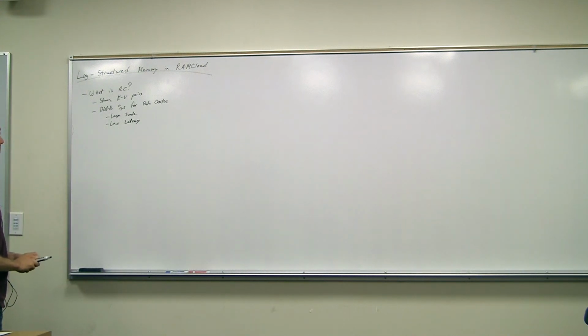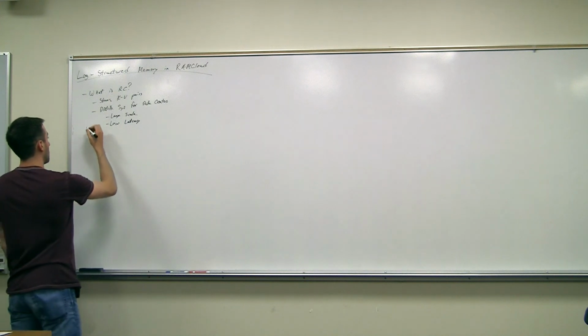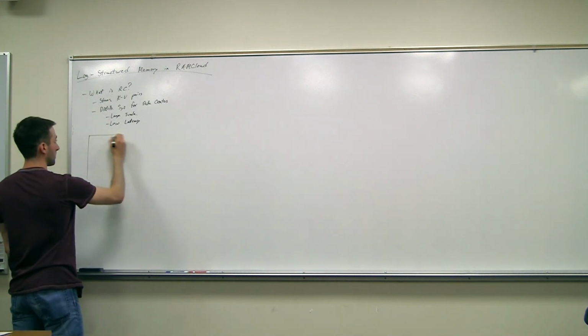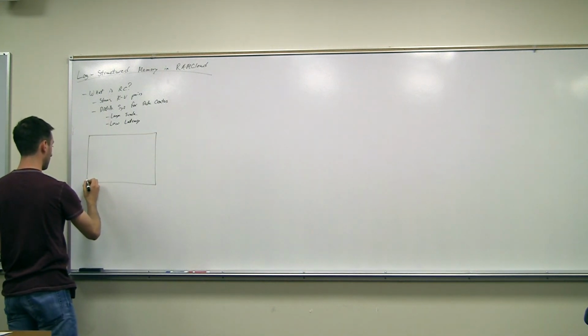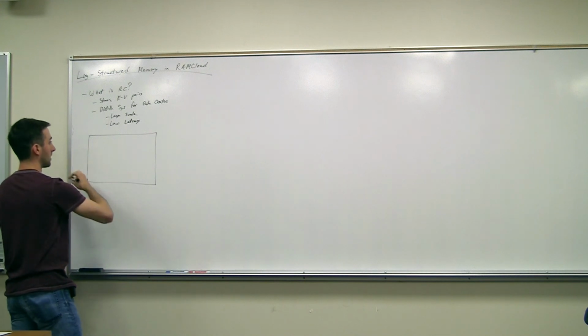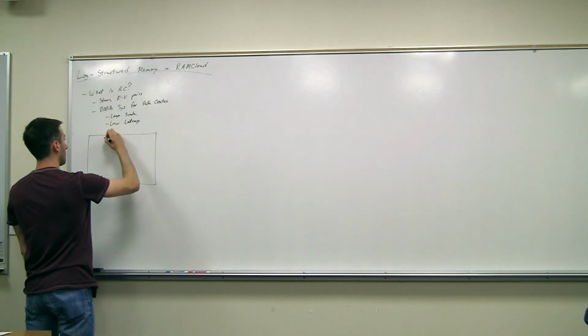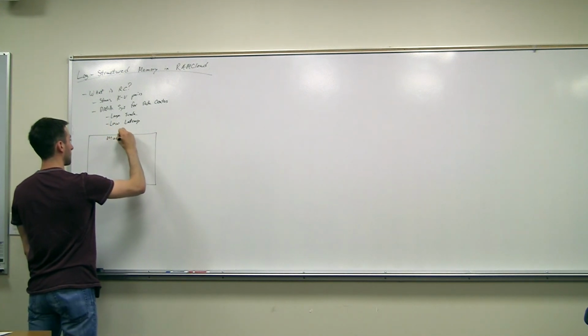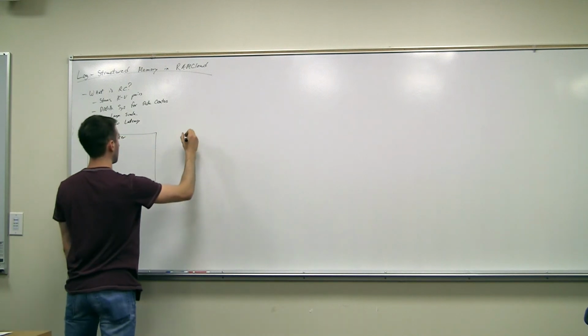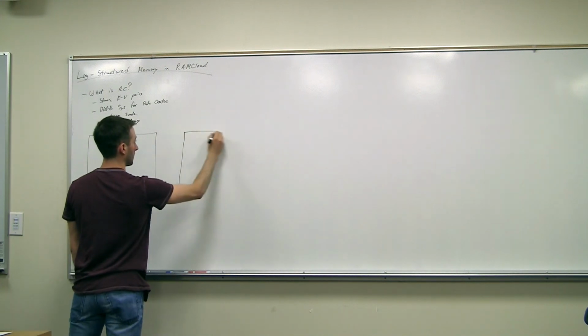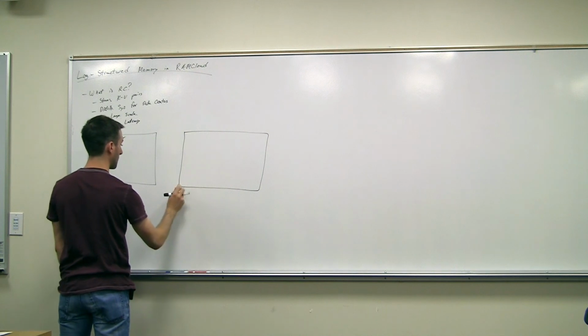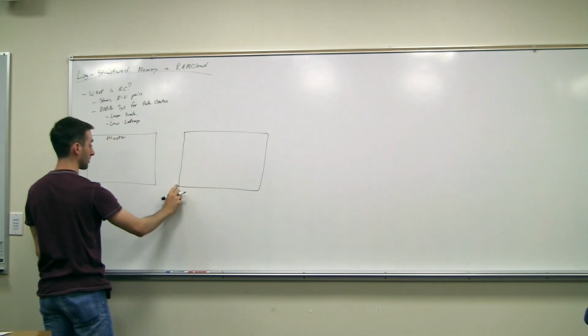Okay, then what does log structured memory really mean? In RAMCloud, we end up having a whole bunch of servers in a cluster. I'll be drawing lots of boxes and arrows. We have various types of servers, and by server I mean more a process than a physical machine.